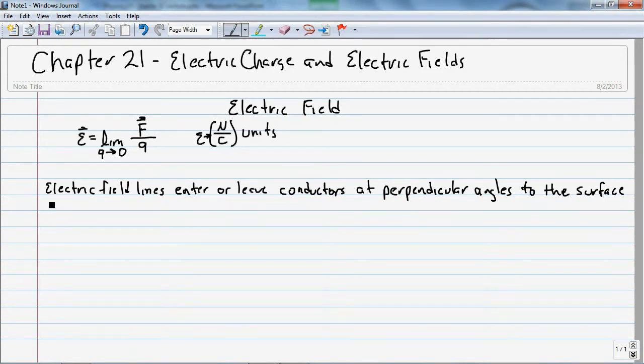And the electric field lines will enter or leave a non-conductor, or insulator, or however you want to say it, at any angle.